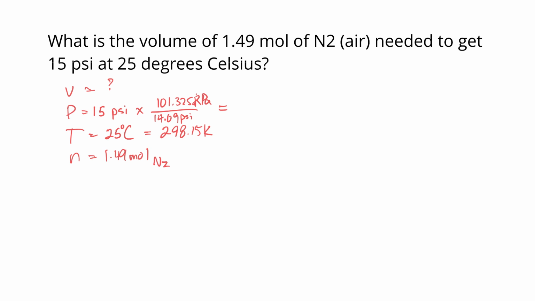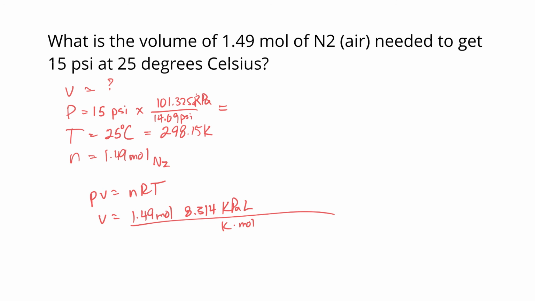Again, it's all just properties, so I'm not using Charles' or Boyle's law, any of those. I'm using the ideal gas law. So PV equals nRT. I'm looking for volume. Moles, 1.49 moles. Universal gas constant, 8.314 kilopascal liters per Kelvin mole. Temperature, 298.15 Kelvin. And then the pressure, I've got to figure that out.